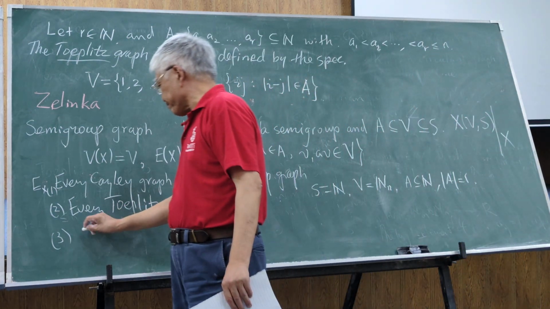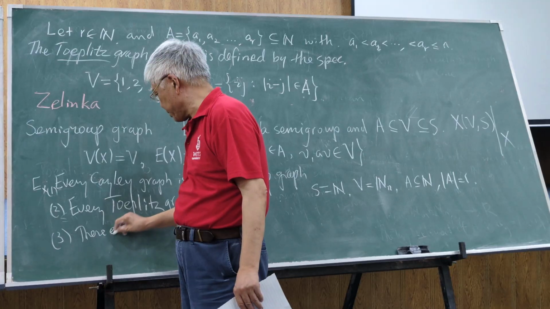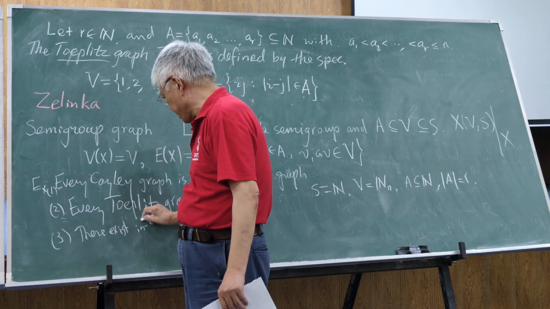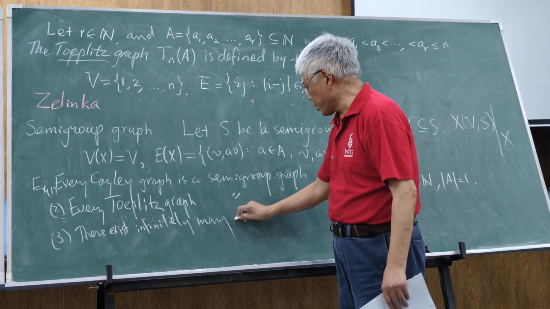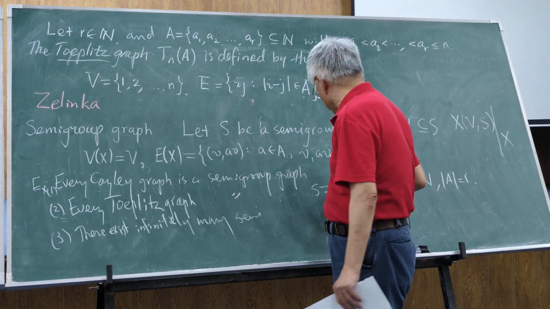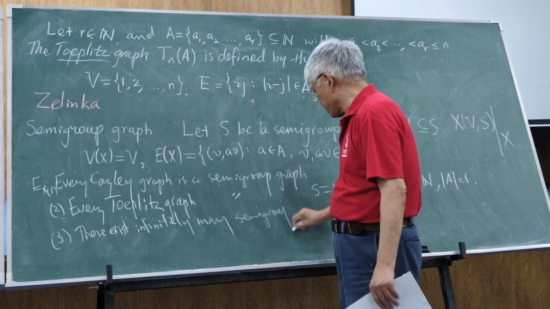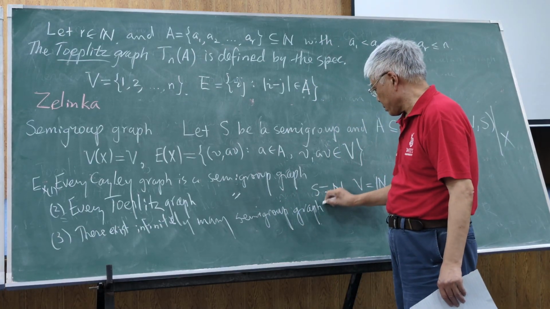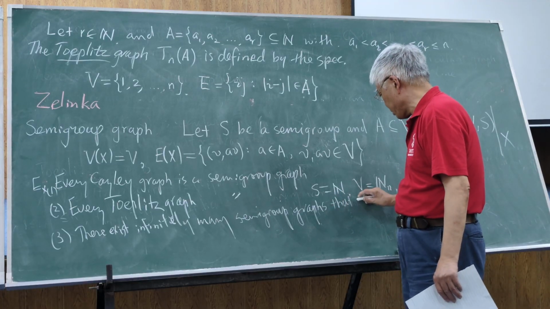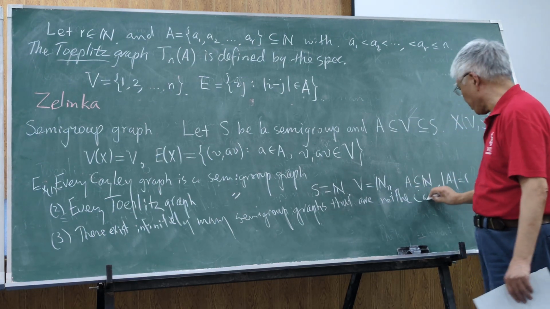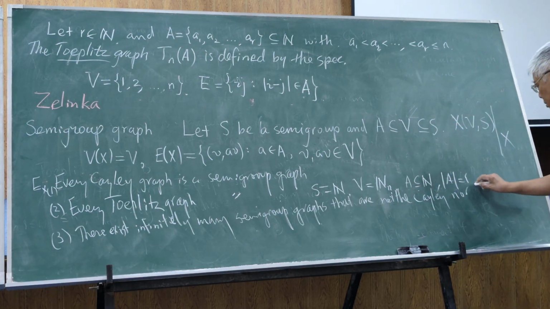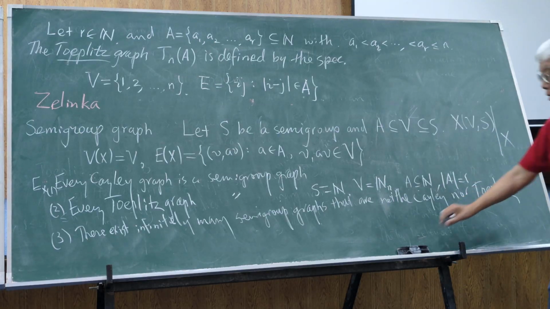There exists an infinite family of semi-group graphs, even just from that, that are neither hairy nor tails. By giving this example, the referee doesn't have any query about rejecting this definition.